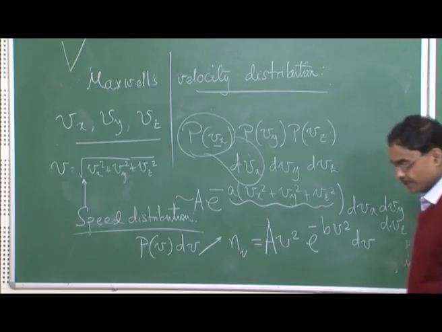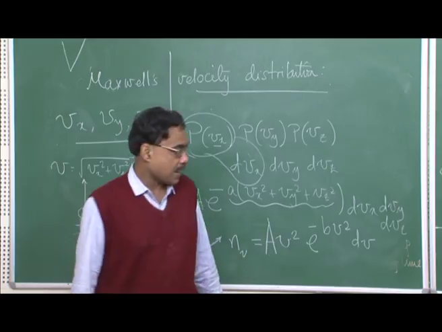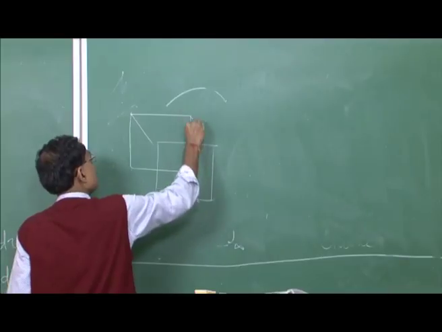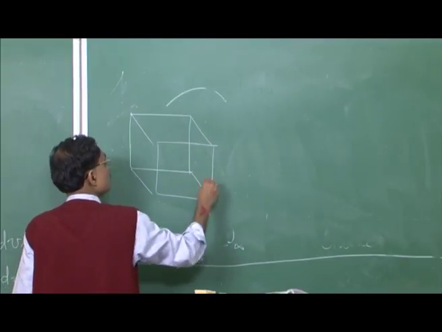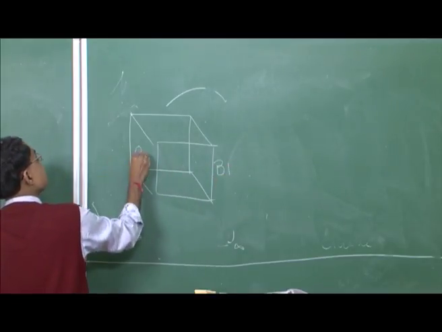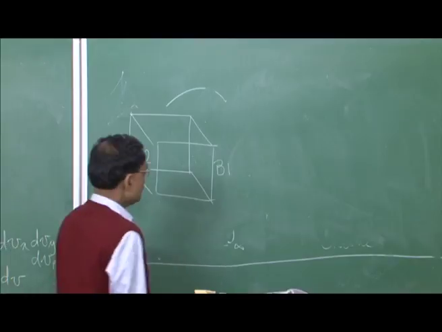But let me ask you a question. Now, I have random motion of the particles. I am inside a container, and here I have two boundaries. Let us say this is my boundary 1 and this opposite face is my boundary 2.